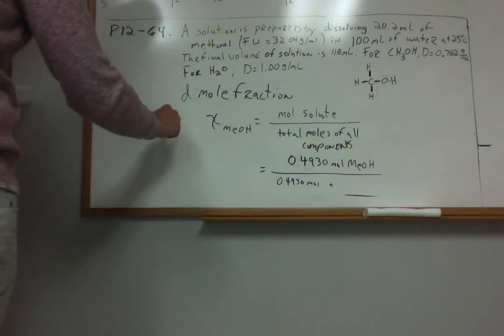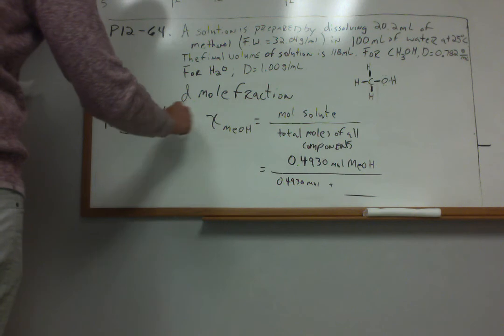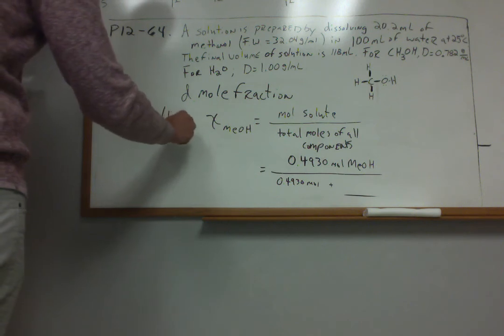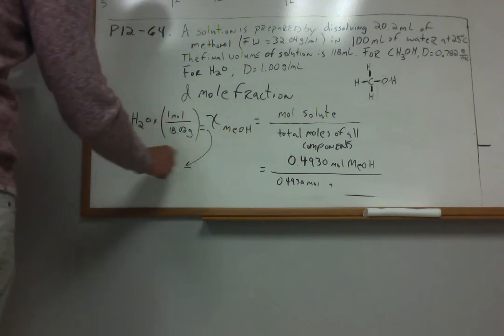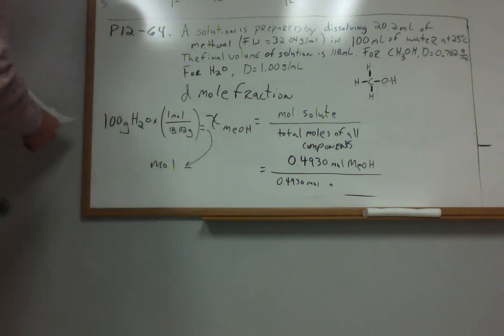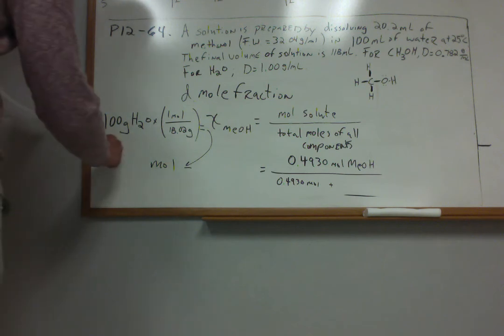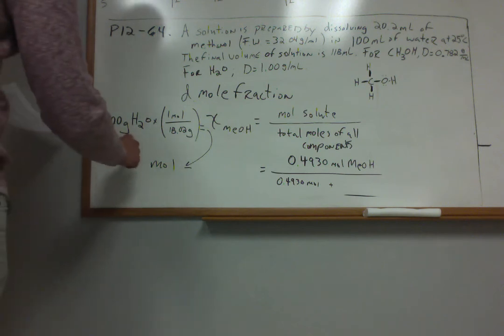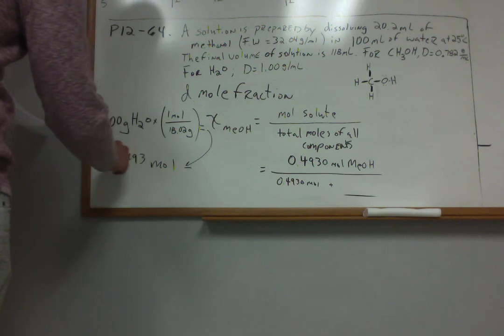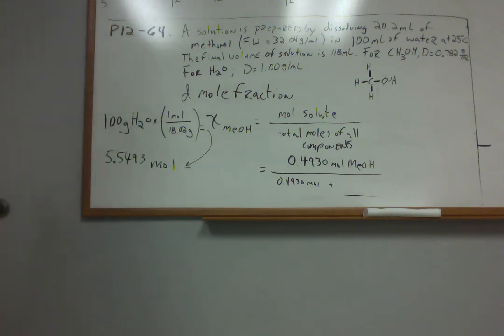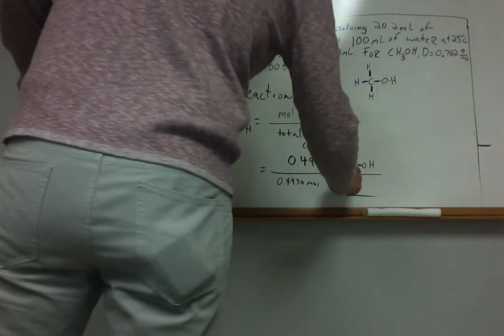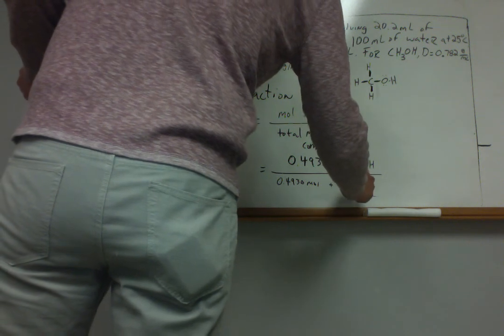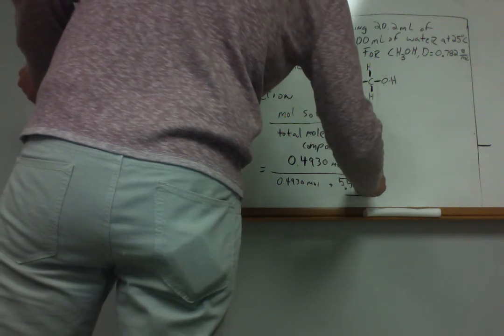If I convert to moles by dividing by 18.02, which is the molar mass of water, I can compute exactly how many moles of water are present. If I punch the numbers in my calculator, I get 5.5493 moles. I take that number and place it down here in the denominator of my fraction. 5.5493.